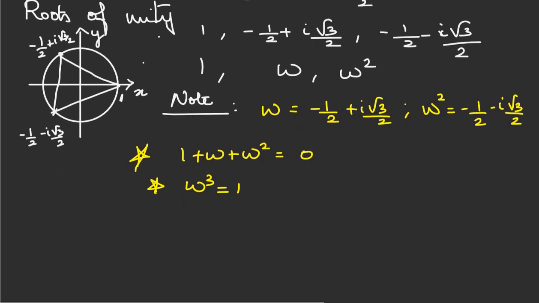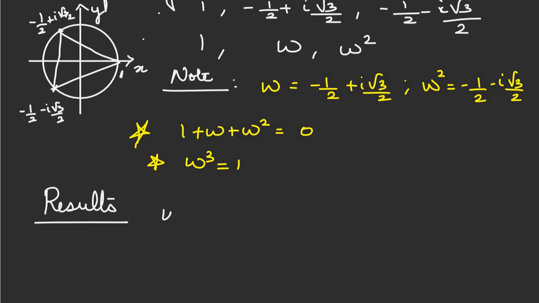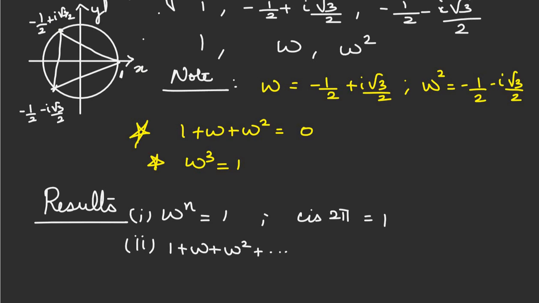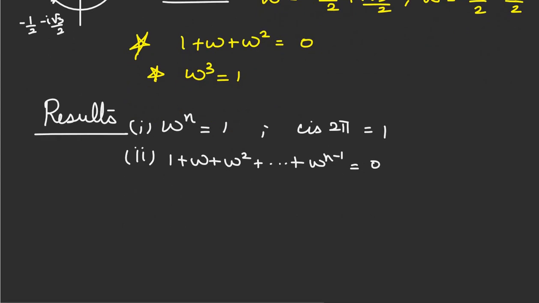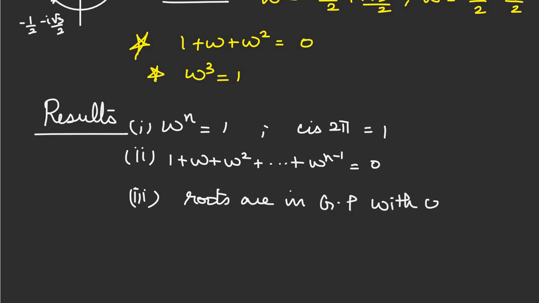So from this we arrive at the conclusion that in general, for the nth roots of unity, omega power n is equal to 1. Sum of the roots, 1 plus omega plus omega square up to omega power n minus 1, is equal to 0, and the roots are in GP with common ratio omega.